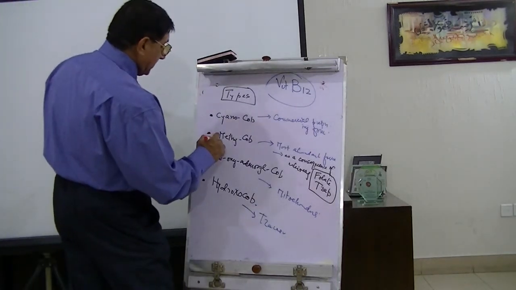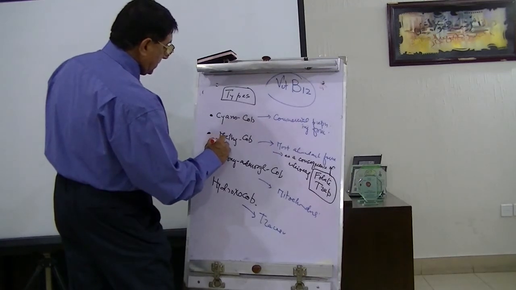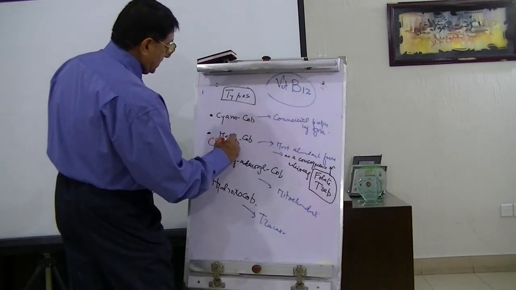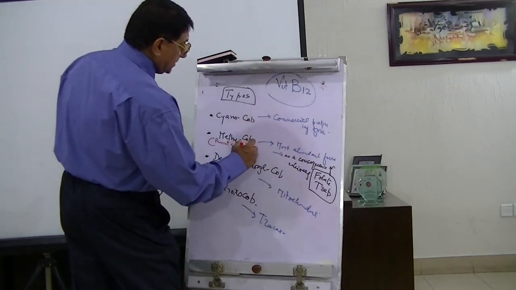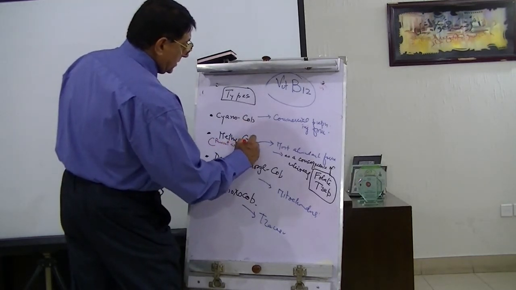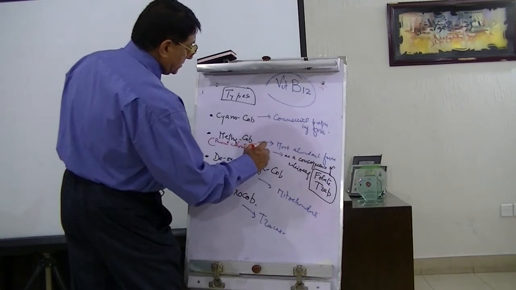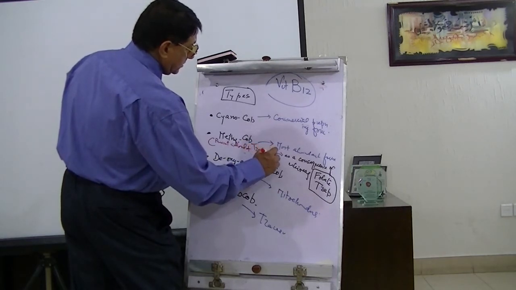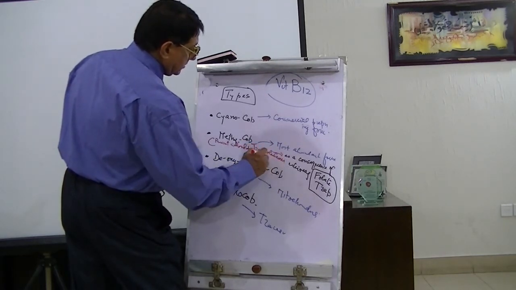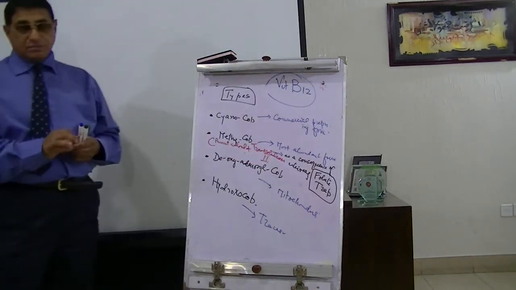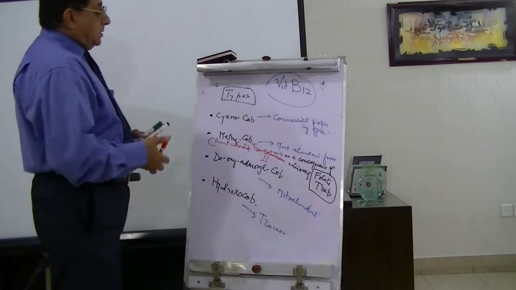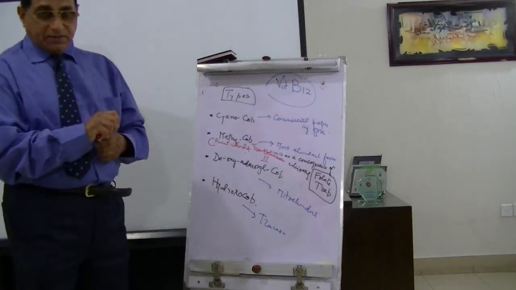They are present in blood also, in combination with transcobalamin 2. So these are the types of B12.